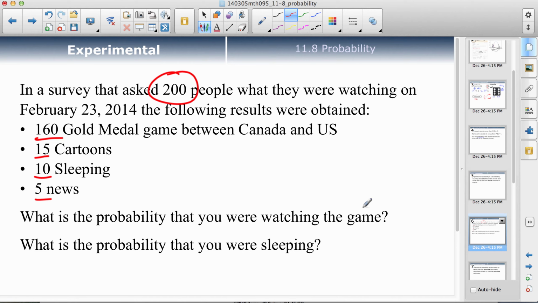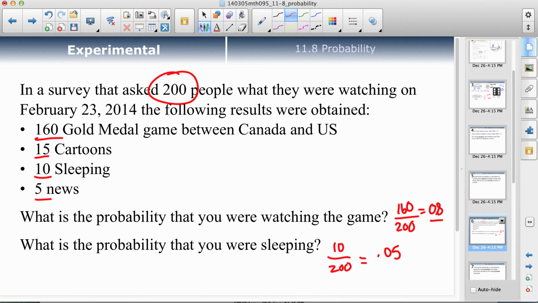So what's the probability that you're watching the big game? Probability is favorable things, so 160 out of 200 people. If you divide that, it comes out to 0.8. And so 0.8 was the probability that you were watching the game. The probability you were sleeping would be 10 out of 200, or 0.05, I think.